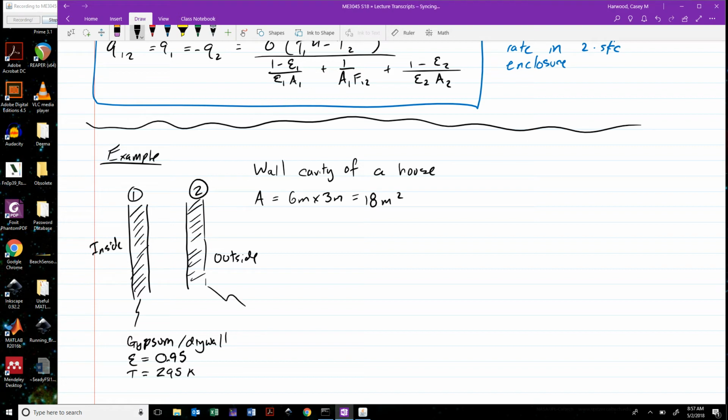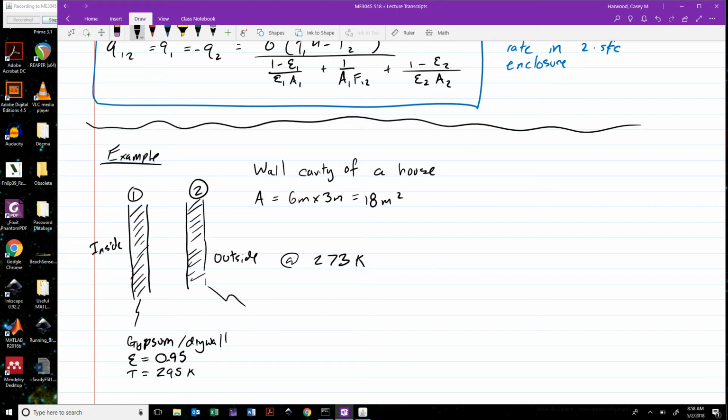They're keeping it pretty toasty indoors. This outside surface is made of one of two things. Here's the inside, with all the people happily running their gas heaters. We'll pretend this is 5 minutes ago and it's still freezing cold outside, and this is some old house that doesn't have any insulation between the inner and outer walls. So outside will be at 273 Kelvin, right at freezing.